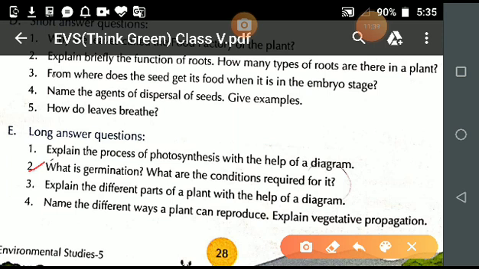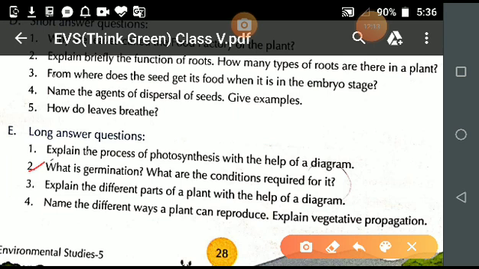Sunlight is also very important for the germination of a seed, because for the process of photosynthesis, sunlight is required by the plant. So students, this is the complete process of seed germination which I explained to you.